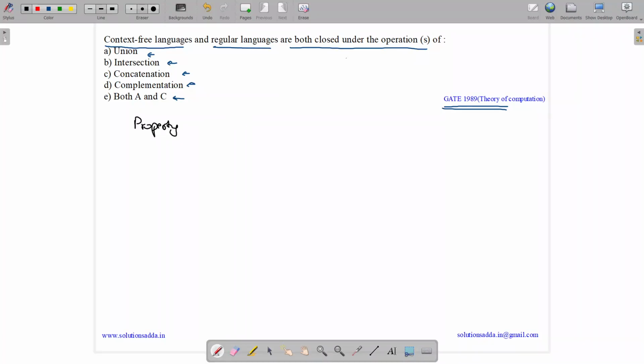Here is the property. Here is regular language. Here is context-free language. Here we will tell whether it's closed or not closed under a property.